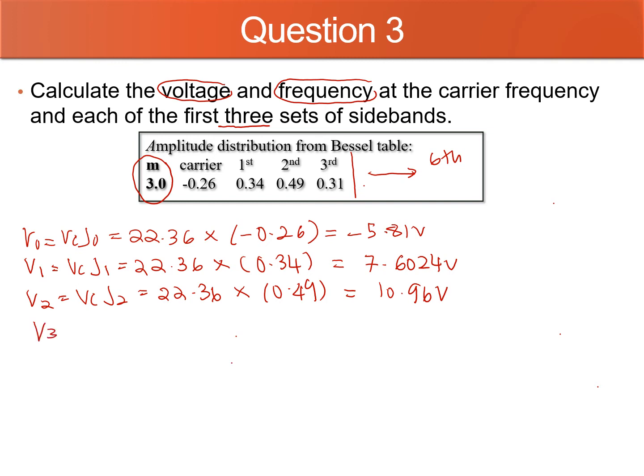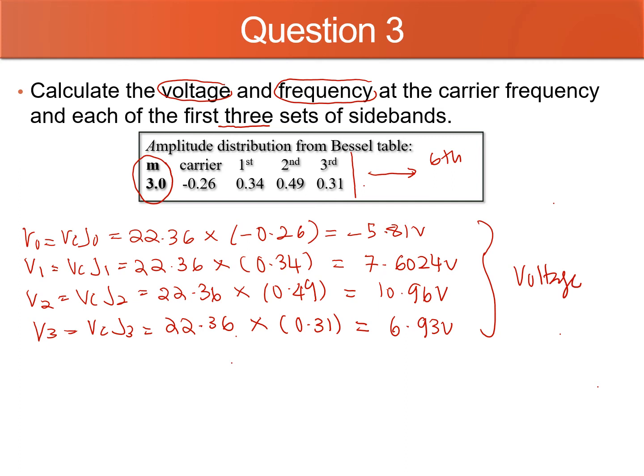Lastly, V3, Vc J3 is equal to 22.36 times 0.31, which is equal to 6.92 volt. So this is for the first 3 sets of voltage.